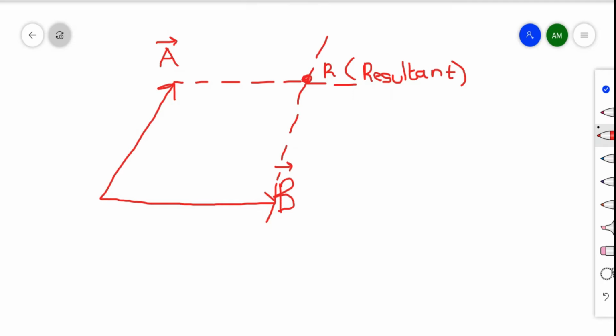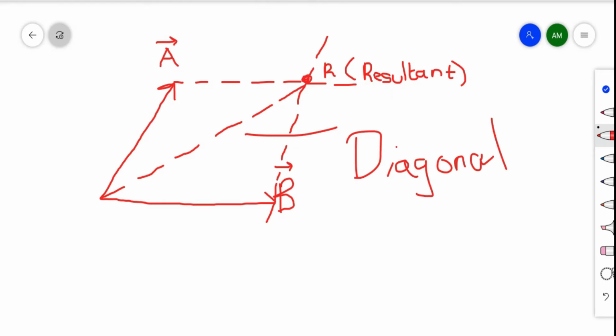Now, if you construct a diagonal from the intersection point of the two major vectors' tails to the imaginary lines' intersection point, that diagonal represents the sum of the A and B vectors in the graphical method. When we connect two corners from the inside, we call it a diagonal. So consider this diagonal is the resultant or the sum of both the vectors A and B.